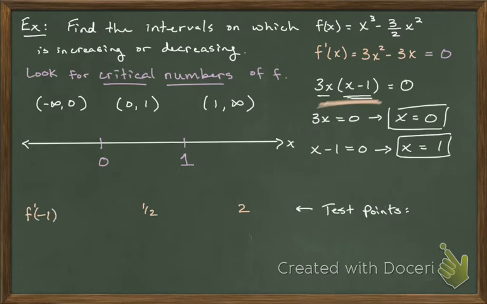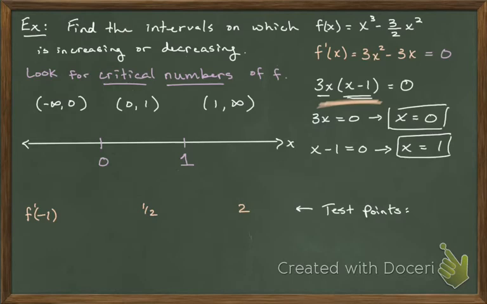I'm going to take my derivative in factored form, 3x times x minus 1, and plug in each of these test points. Again, I made up those test points. You could have chosen -6, 1/3, and 17. As long as they're in those three intervals, at least in this specific example, you're fine.